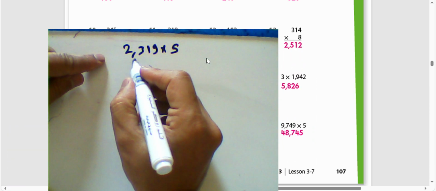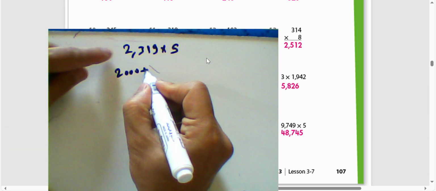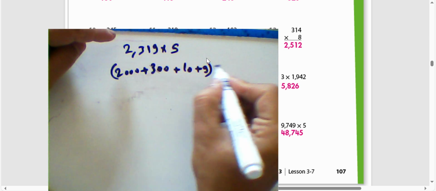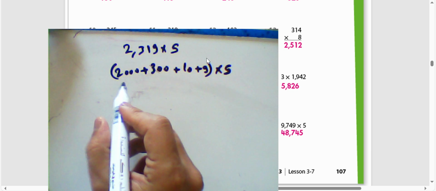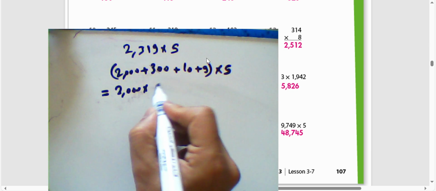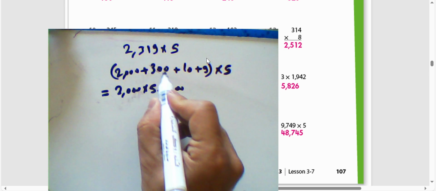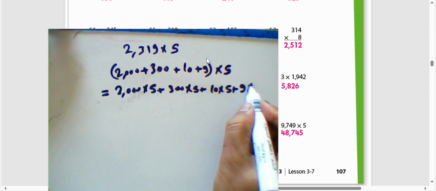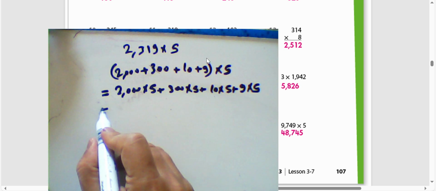Look at here, we can write 2000 plus 300 plus 10 plus 9, times 5. Write 2000 times 5 plus 300 times 5 plus 10 times 5 plus 9 times 5.